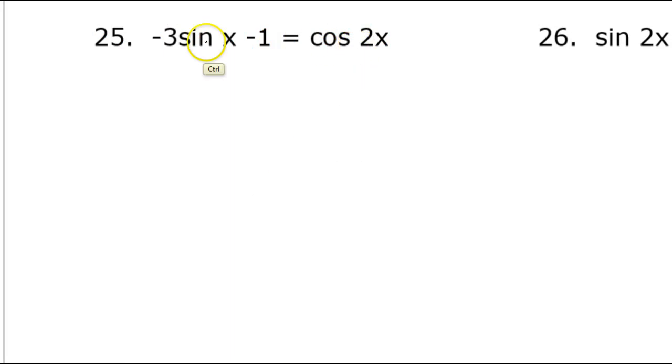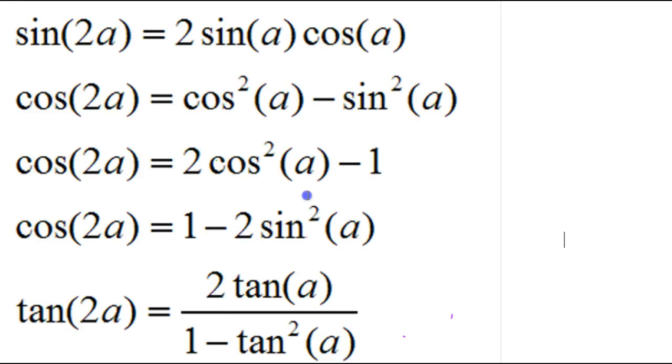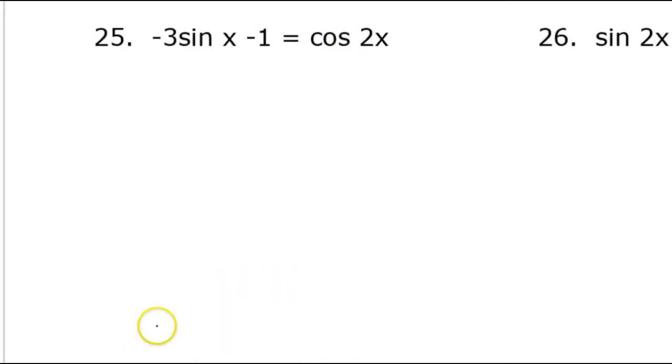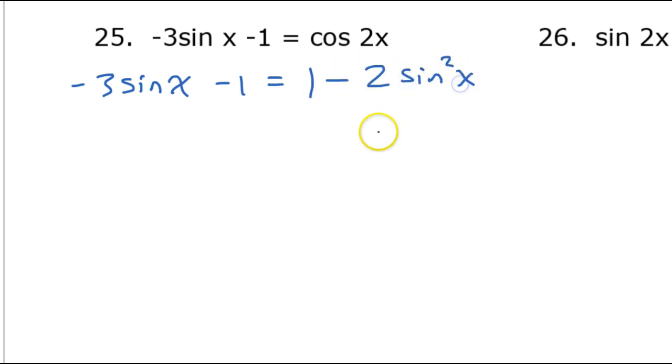Let's see. On the left side of the equation, I have sine, so I want sine on the right-hand side as well. So I will use the third version, 1 minus 2 sine squared. That means I will have negative 3 sine x minus 1 is equal to 1 minus 2 sine squared.